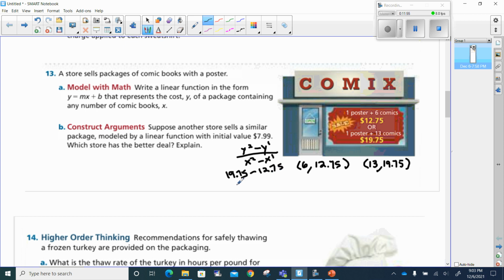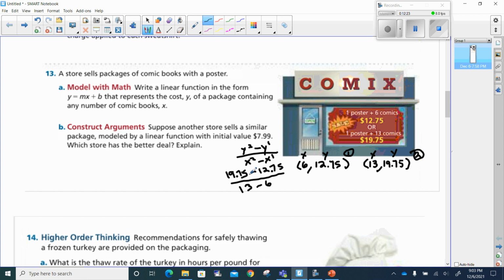I'm going to put that over 13 minus 6. Remember, this is x, this is y, this is x, this is y. I'm labeling this one 2, and I'm labeling this one 1. Okay? That's why we have y2 minus y1 over x2 minus x1.